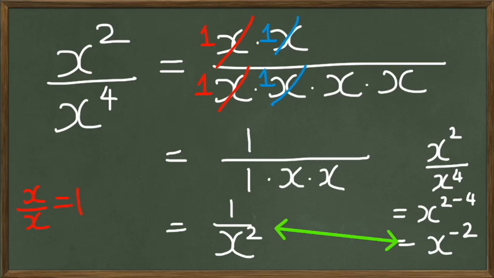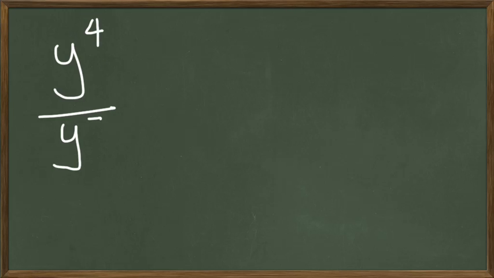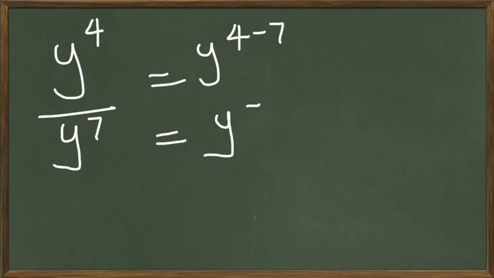So if I do another quick example, if we have y to the power of 4 divided by y to the power of 7, this could be written as y to the power of 4 minus 7, which equals y to the power of negative 3. But we also know that there are 3 y's in the denominator, which means we could also rewrite this as 1 over y cubed.